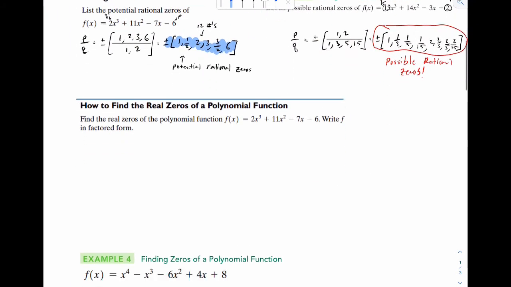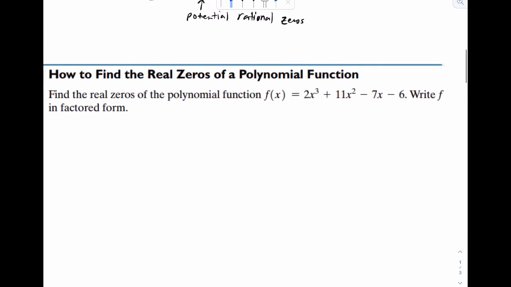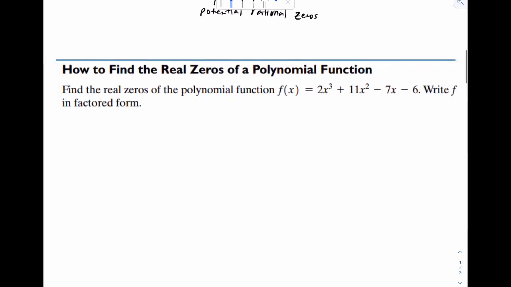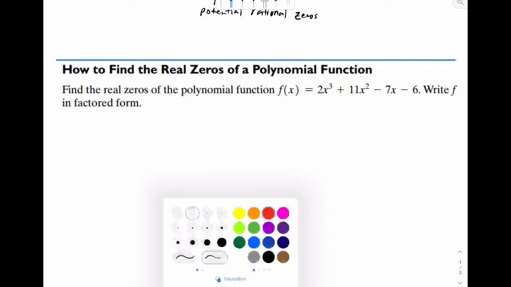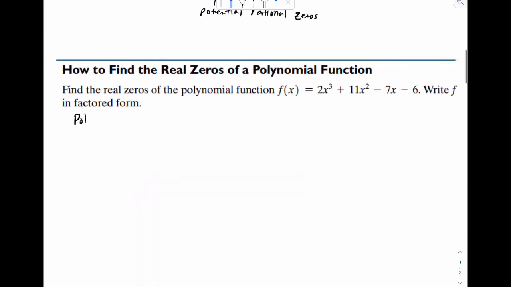It says find the real zeros of that function, then write f in factored form. So to do this, we're going to use that theorem. So the potential zeros, or your p over q.